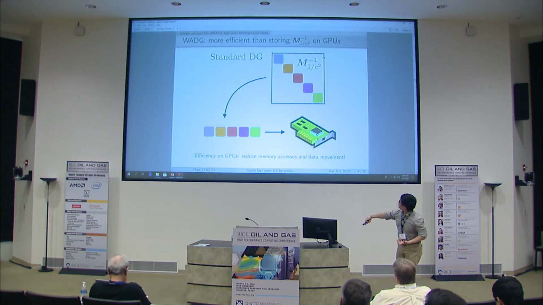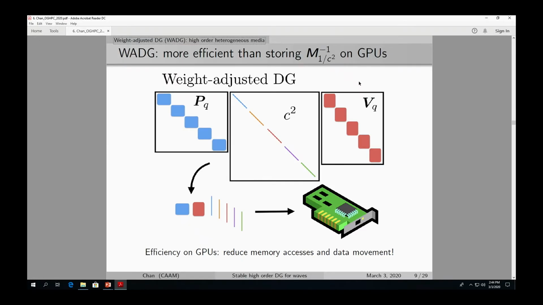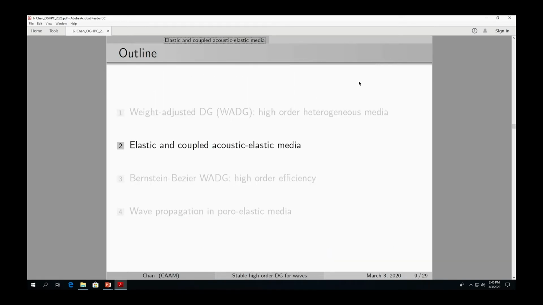If I look at a modified weight-adjusted DG method, I have a few more computations, but essentially what ends up happening is I have multiplication by a block matrix, multiplication by a block matrix, except all those blocks are the same. So I just have to store 2 blocks for every single element in the mesh, and then just stream through a bunch of scalar vector data, and this works much better on a GPU than this other approach. Okay, so that's what we found quite a few years ago.